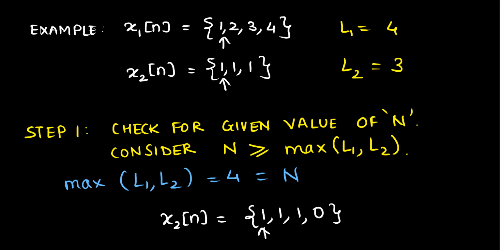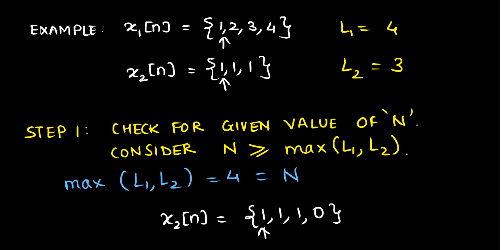Once we check the value of n, we need to make both signals equal to the length n, and if n is higher than the length of the signal, we need to append zeros in order to make it of length n.